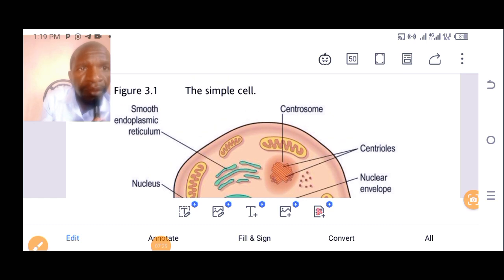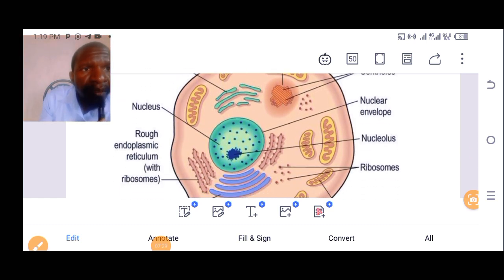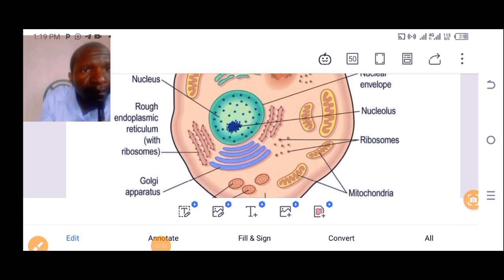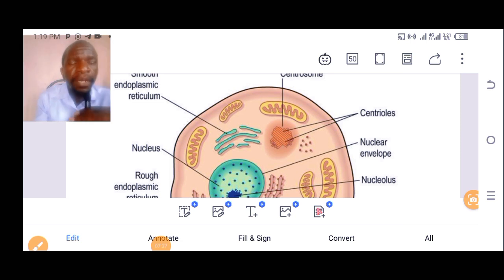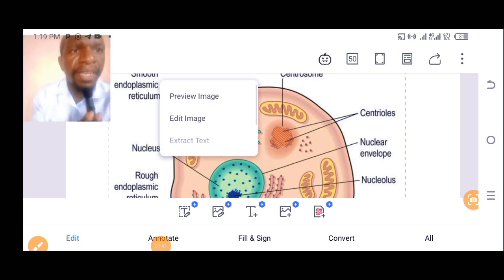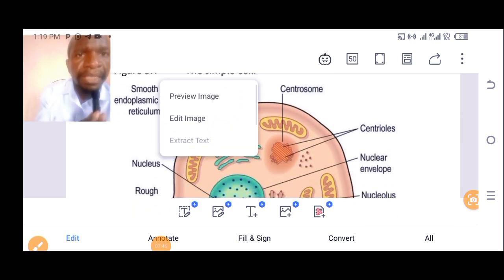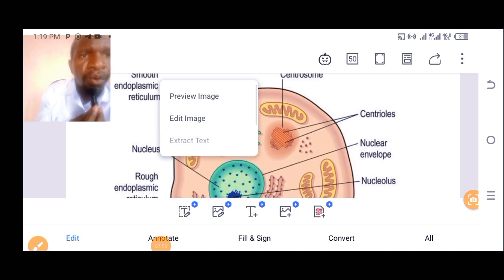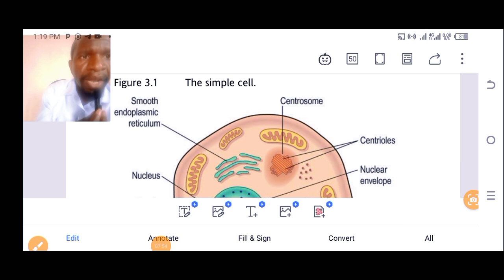Our simple cell has a plasma membrane, and the cell has organelles inside it. I want to look at the different organelles in the simple cell, as you can see on the diagram. Then we'll go on and look at the functions of the different principal organelles.